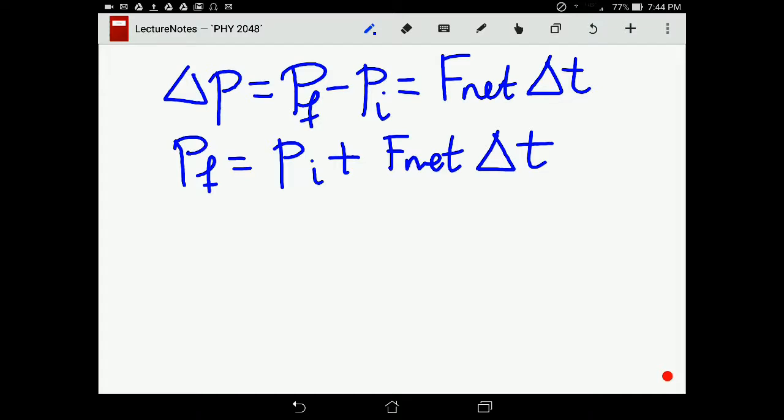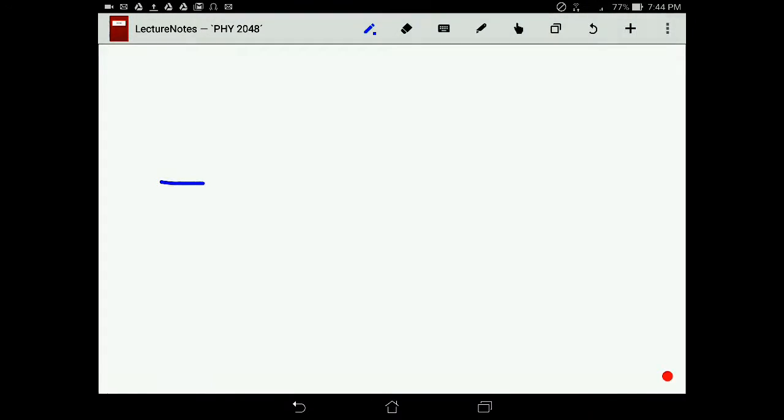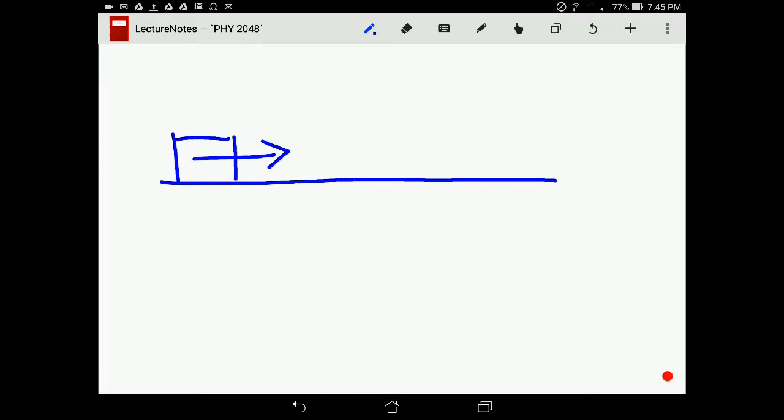So let's consider the following. Suppose we have, let's actually do it on a different page, a box sliding on a flat surface, and the box is initially moving to the right with an initial velocity equal to, say, 6 meters per second. And we'll assume the mass of the box is 2 kilograms.